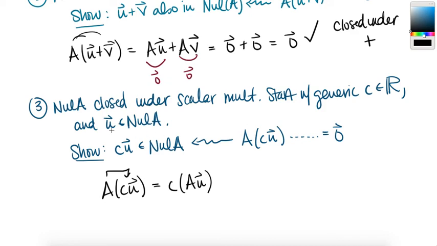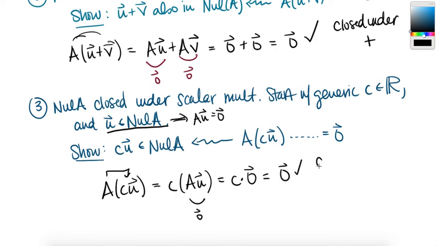But let's remember, what do we know about u? It's in the null space. And if it's in the null space, then A zeroes it out. So this part is 0. What happens when we scale the 0 vector by anything? We get the 0 vector. So this is closed under scalar multiplication.